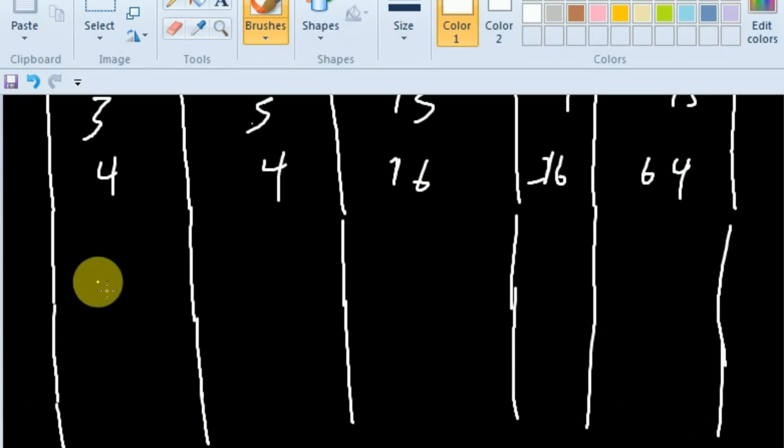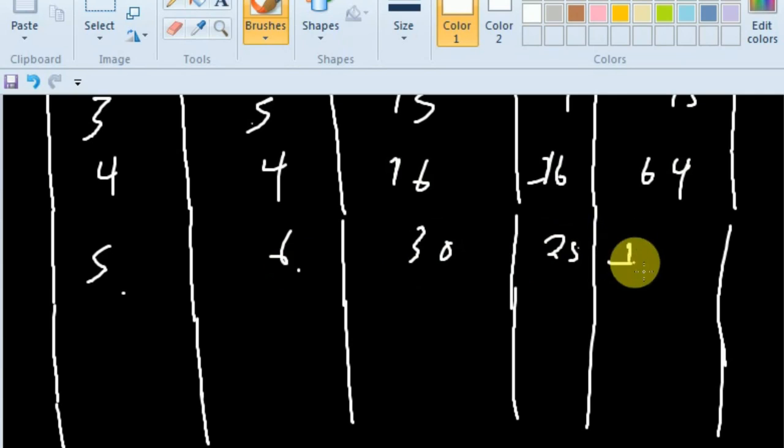Then I also have 5. The frequency of 5 is 6. Then f x is 30. Then x squared, I'm going to say 5 multiplied by 5, that's 25. Then 25 multiplied by 6, my answer is 150.